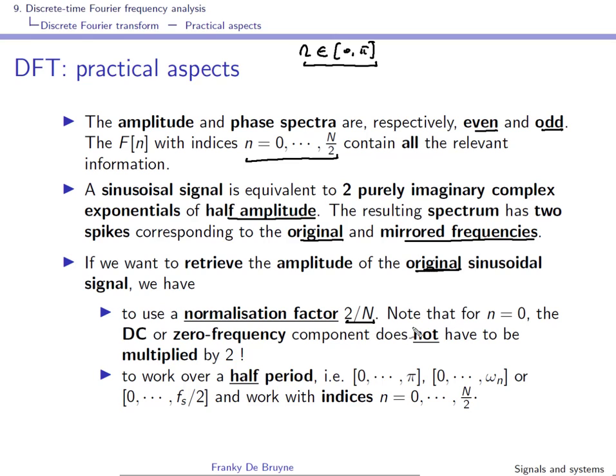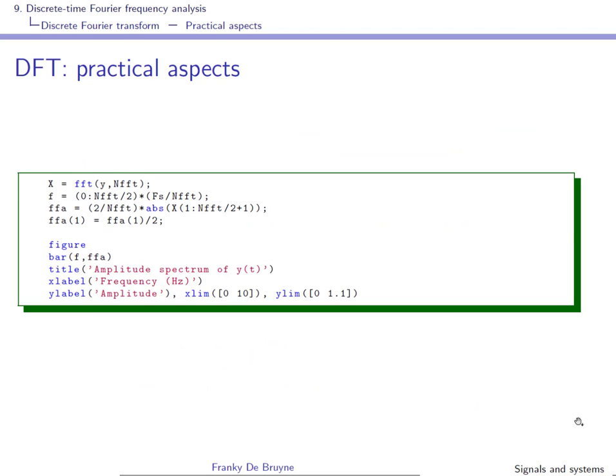There is one frequency where we don't have to do this multiplication by 2. It's the zero frequency, the frequency that corresponds to n equal to 0. This is the way the amplitude spectrum is usually computed in Matlab.